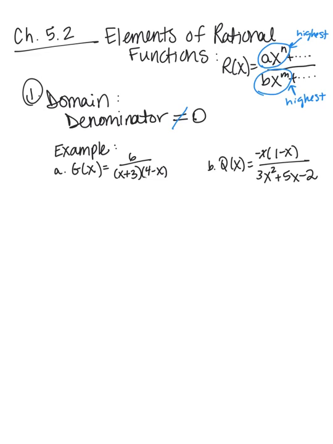So if we look at this first example here, I'm going to set my denominator equal to 0. This one is already factored for us, so we can quickly go to our answer. Remember, once it's factored, I'm going to set each factor equal to 0. And then I can solve. So to finish solving this, I'd subtract a 3 here.